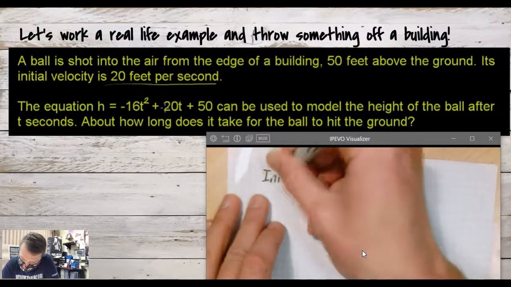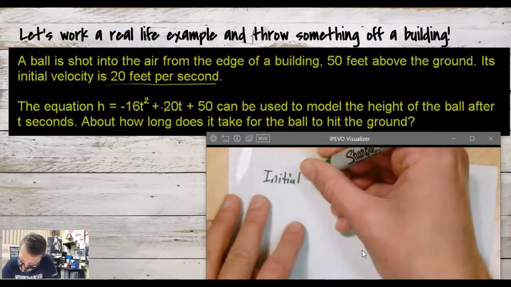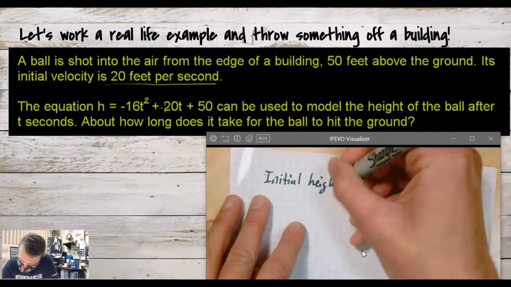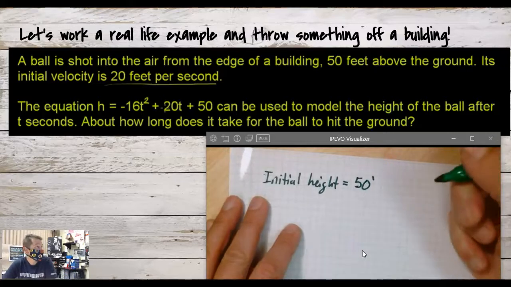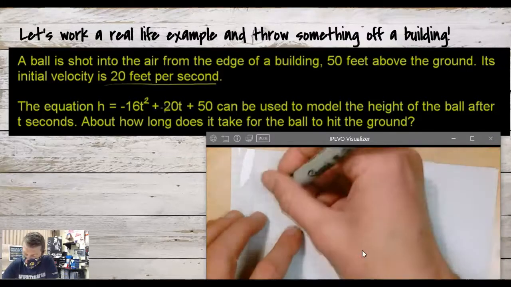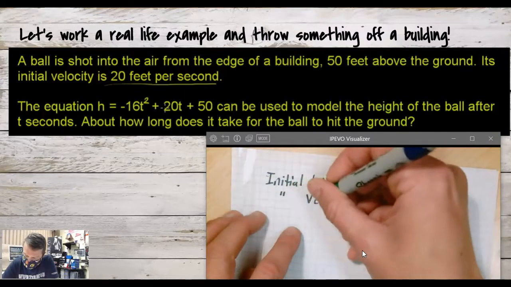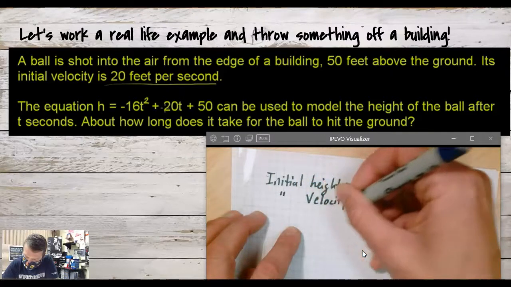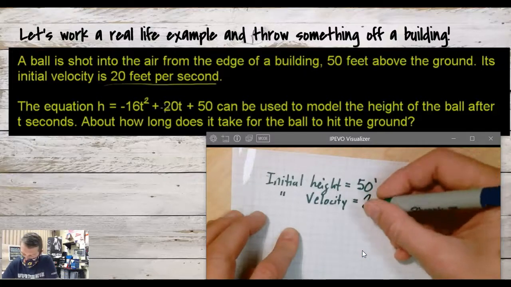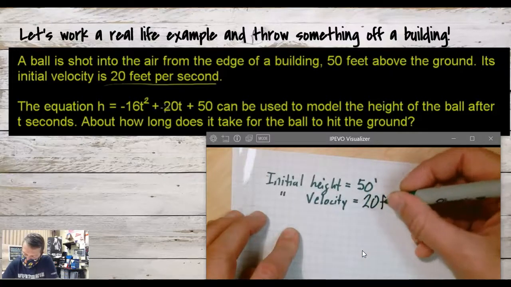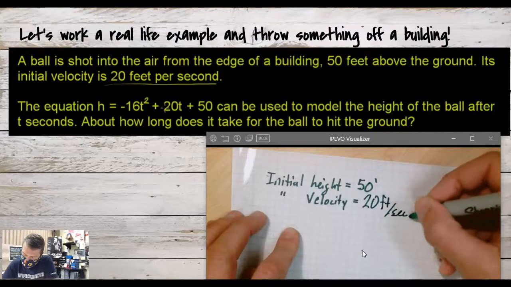Initial height: 50 feet. Initial velocity. Velocity is like speed, right? Is 20 feet per second.